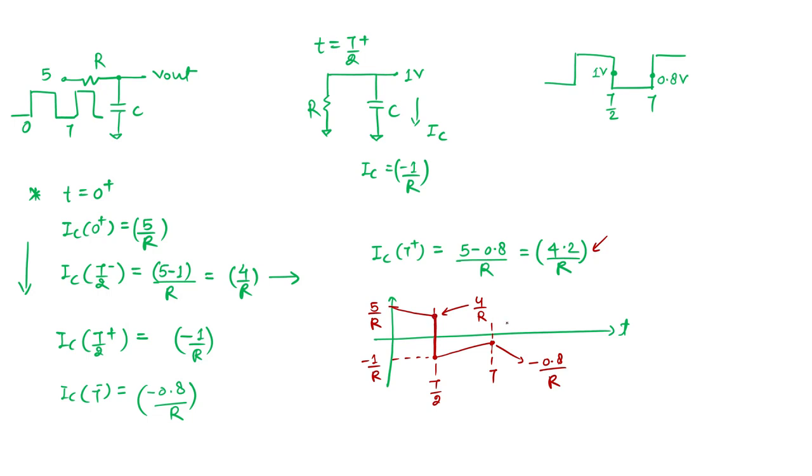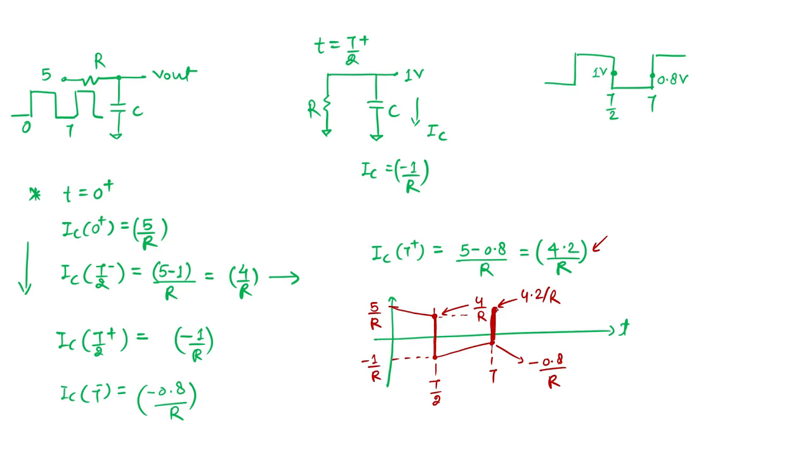On the same instant it is reaching 4.2. This value is 4 by R, so this value is 4.2, meaning higher than 4 by R. So this point is higher than this point.